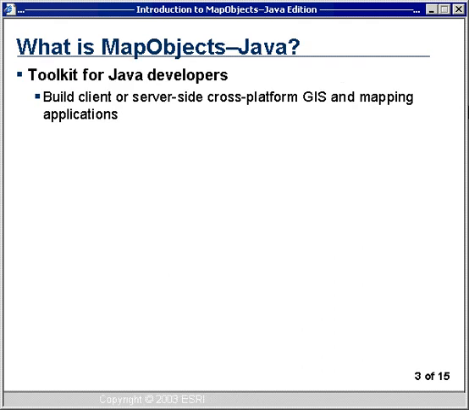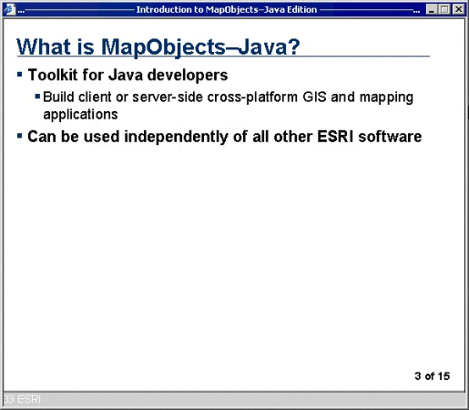Well, what is MapObjects-Java? It's a toolkit for Java developers, and you have the ability to build client or server-side, cross-platform GIS and mapping applications. MapObjects can be used independently of all other ESRI software. You're not required to have other ESRI products for complete functionality. However, it does have the ability to interoperate with some ESRI products for a complete enterprise solution.